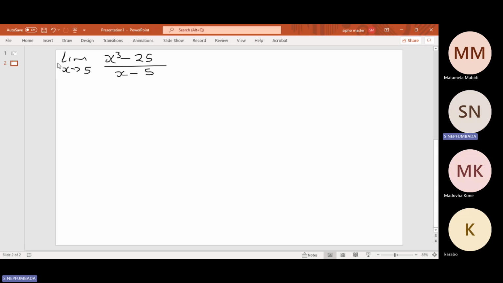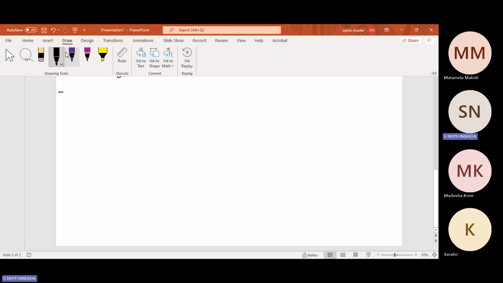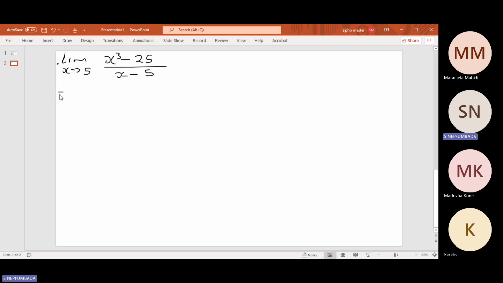So if you do a direct substitution, you are going to get undefined. So you have to simplify the numerator so that you don't get an undefined solution.